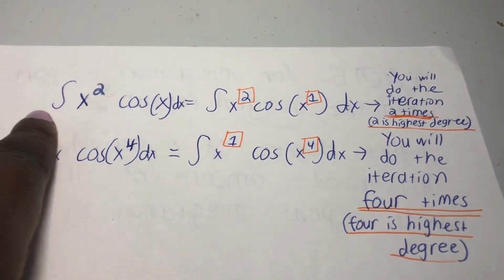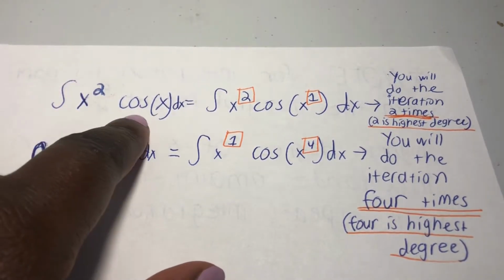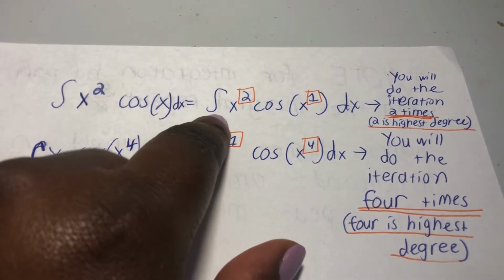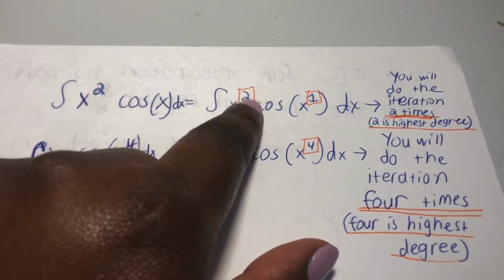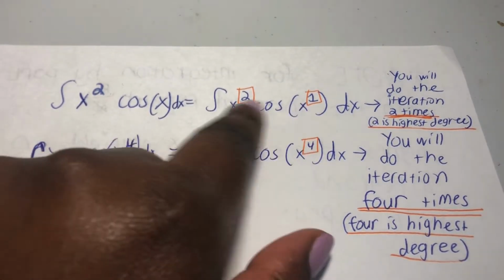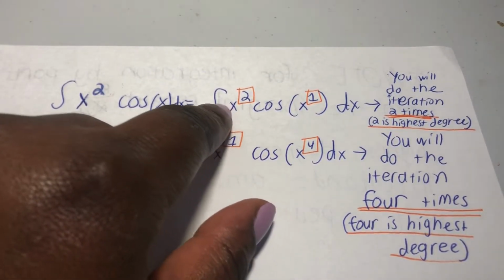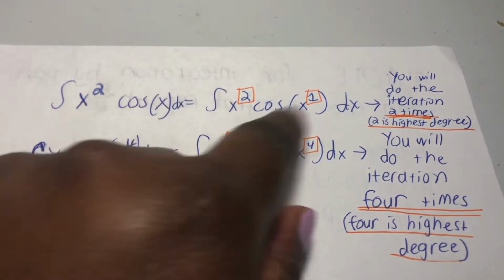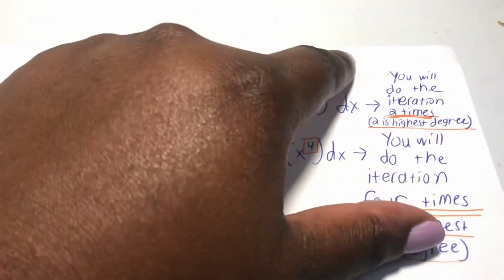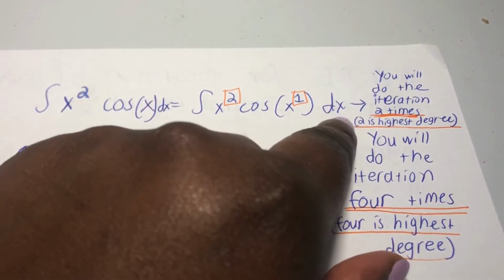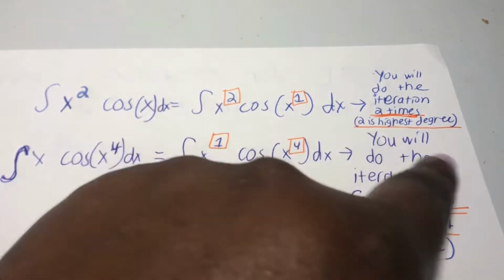For example, if it was the integral of x squared times cosine x dx, the x is to the power of 2 here, and in the cosine of x, the x is to the power of 1 here, but the highest degree that the x is in this integrand is 2. So in this integral, you will do the iteration 2 times because 2 is the highest degree.